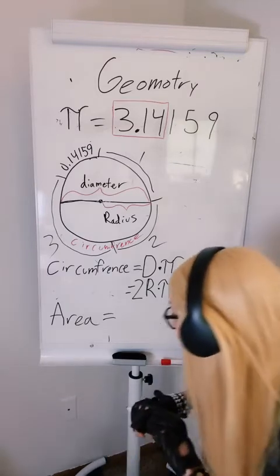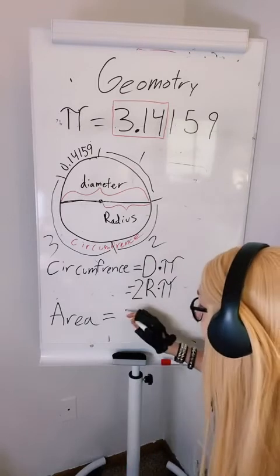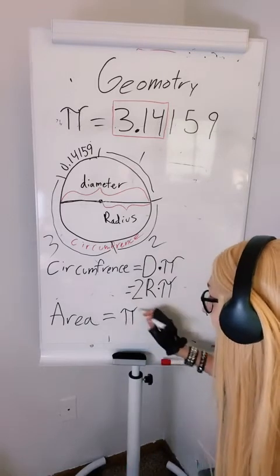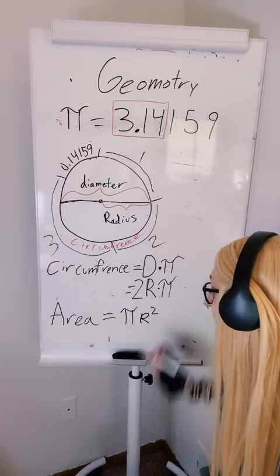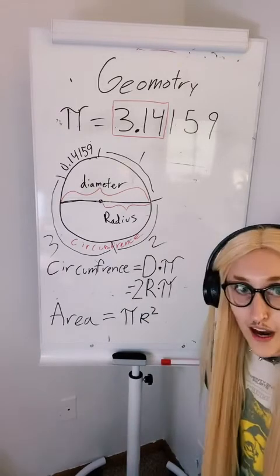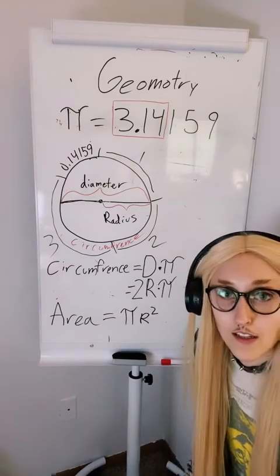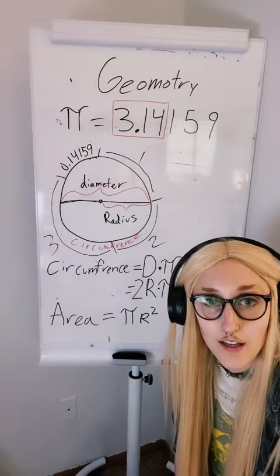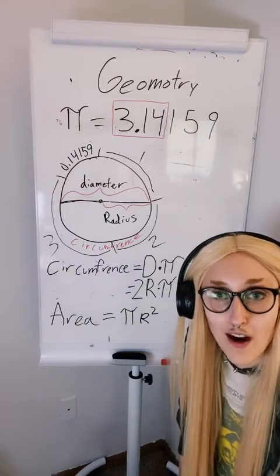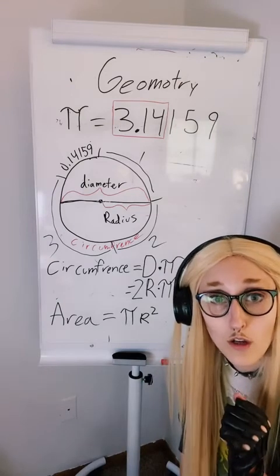All right. The area of a circle is pi times your radius squared. It is pi r squared. And there is a very dumb way that I remember that it's pi r squared: no, pi is round.